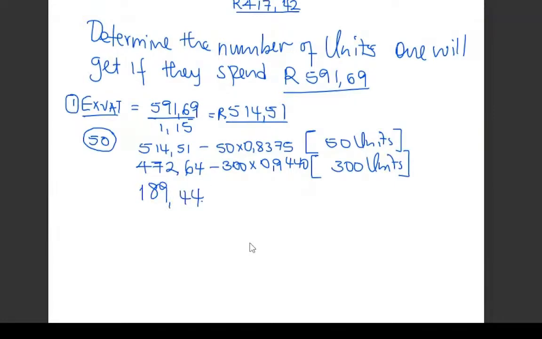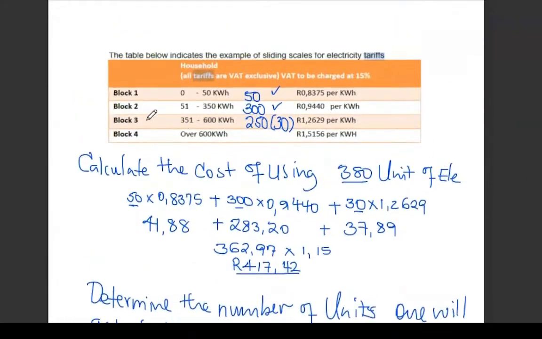But then I ask myself, now I've gone to bracket block number 3. If I'm to use all the units in block number 3, how much do I pay? These are the number of units, 250, and I need to know how much they will cost. So if I use a full block, which is 250 times 1,12629, I need to pay 315.